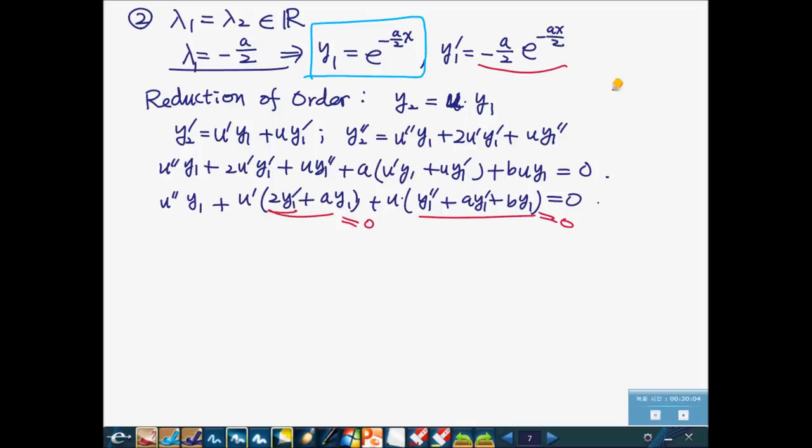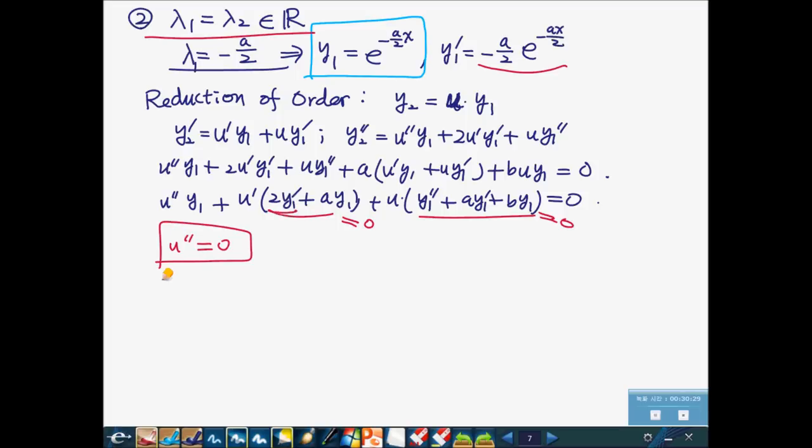If you add them up, then that's 0. That's because of this case, the second case. In that case, that one goes to 0.